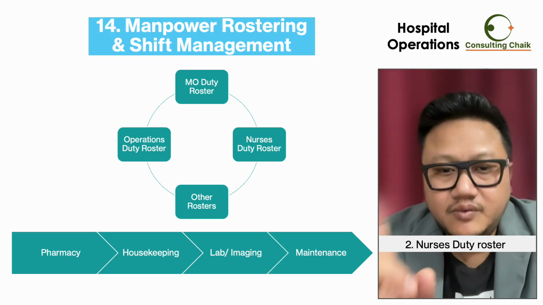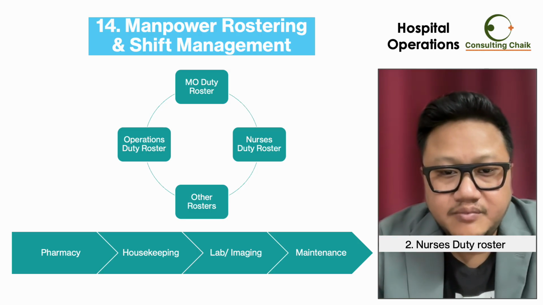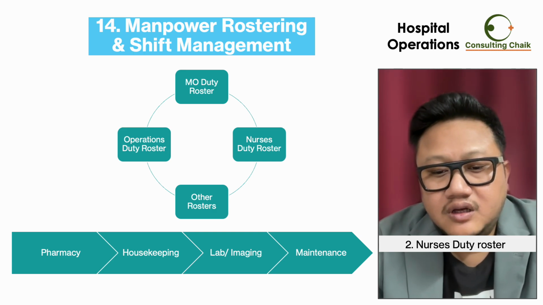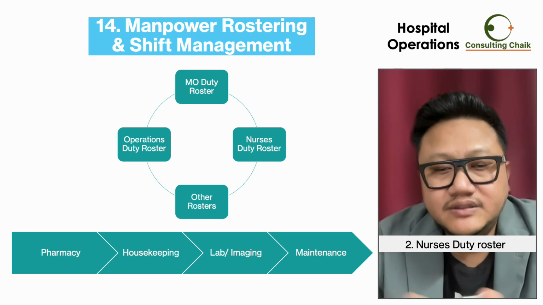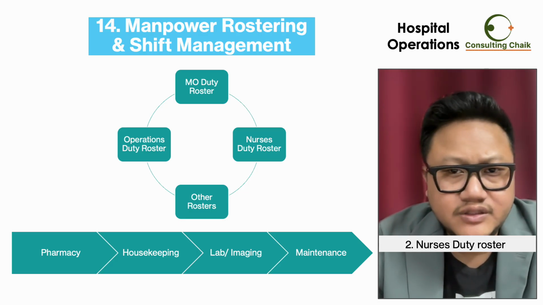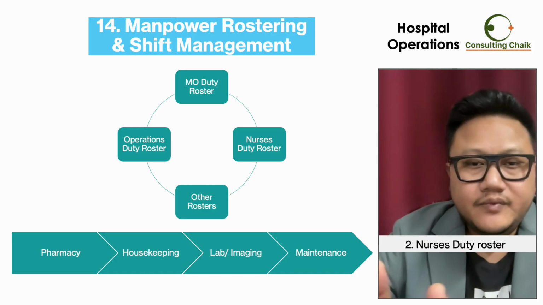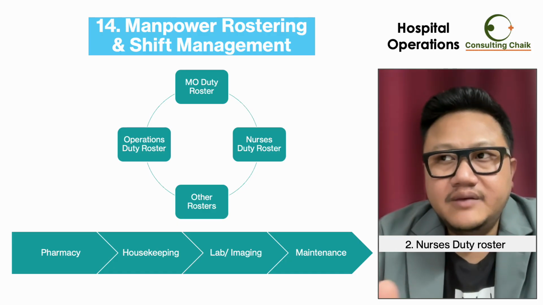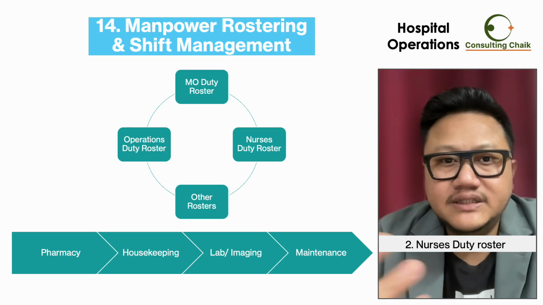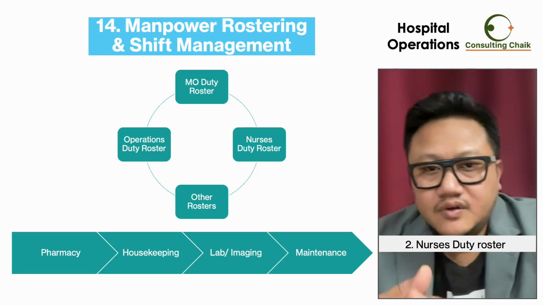Ventilated, 1 nurse, 1 patient. For OT, 3 nurses for 1 patient. For cabins where you have single private cabins, 1:4 is good. 1:5 for ward. Okay, and you should have 30% of your nursing staff for rotation.